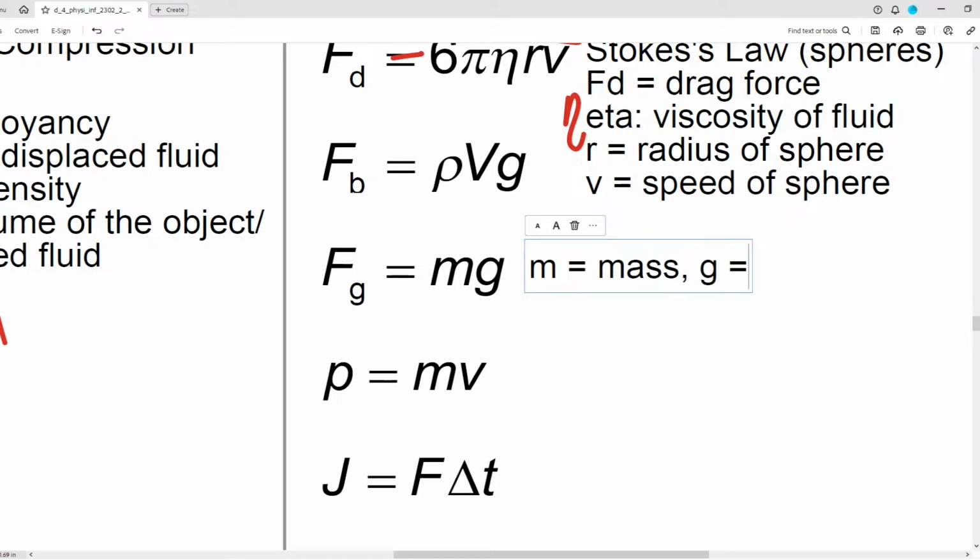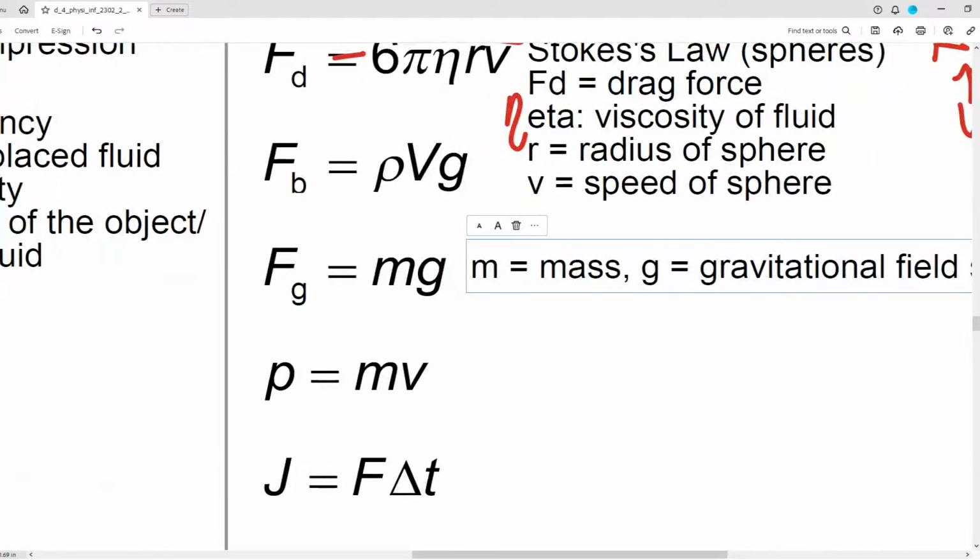G is the gravitational field strength, I should probably say. It's off the screen, but I did type it right here. Fg is probably pretty common.